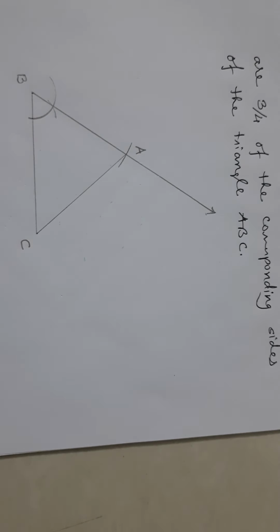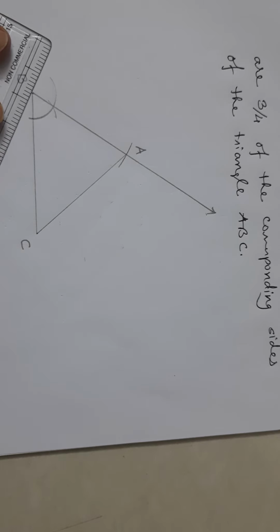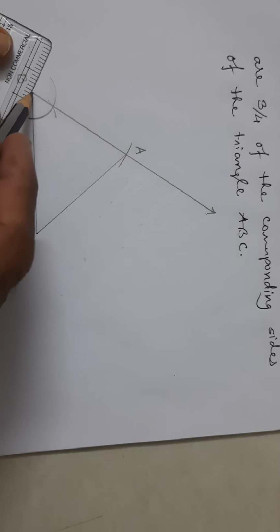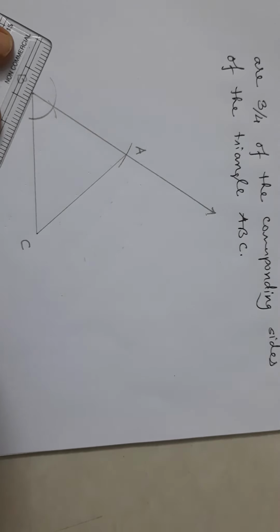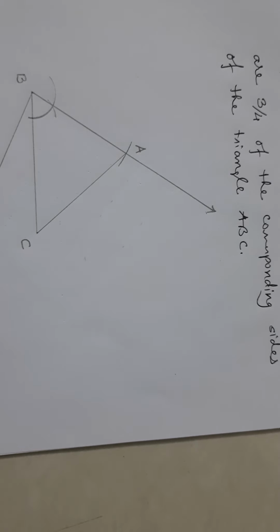Now we want to construct a triangle with scale factor 3/4. So from B, as we have been doing, I am drawing one ray BX, not arc. So one ray BX I have drawn. 4 equal parts because 3/4.